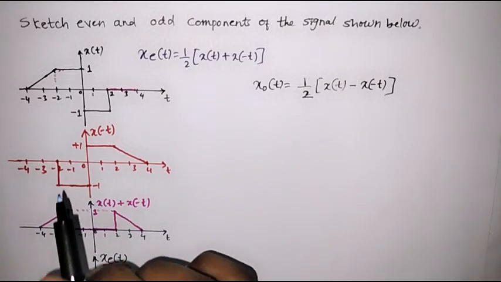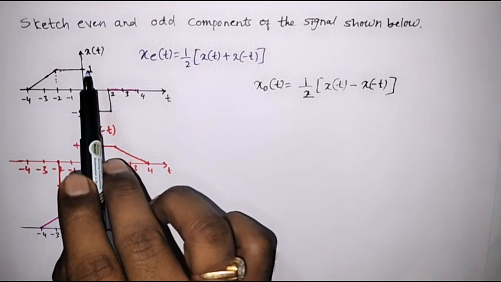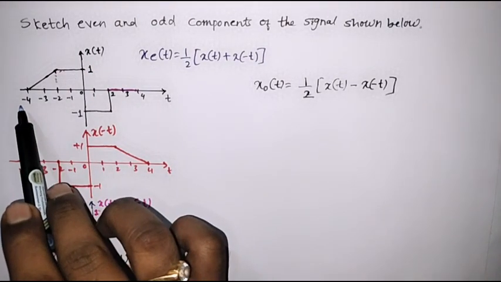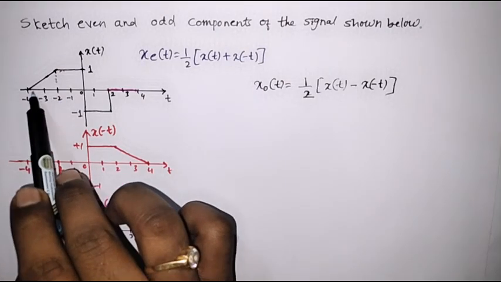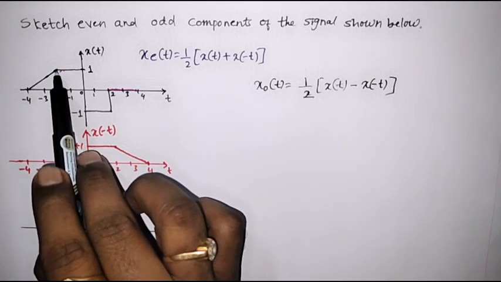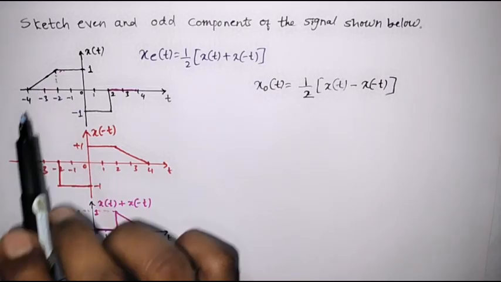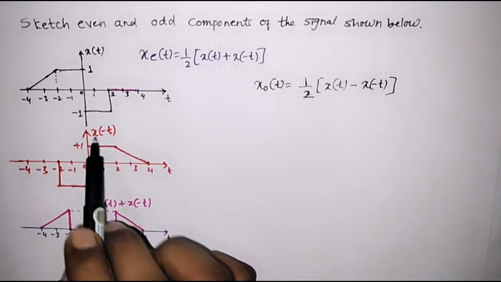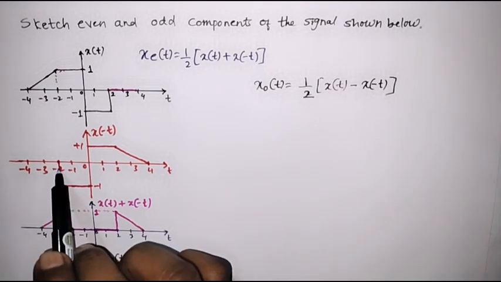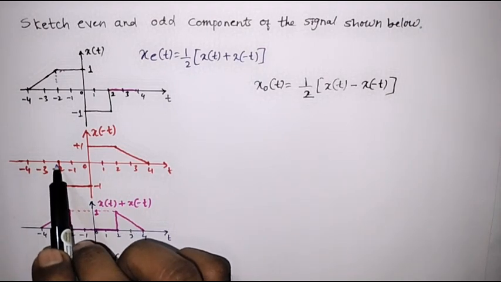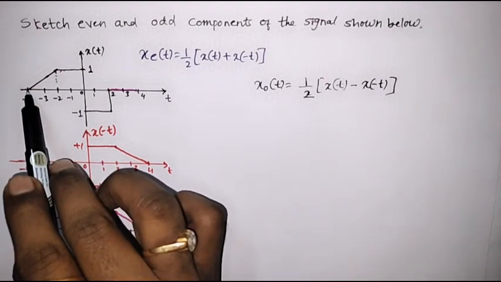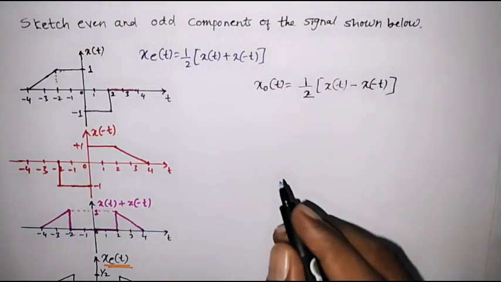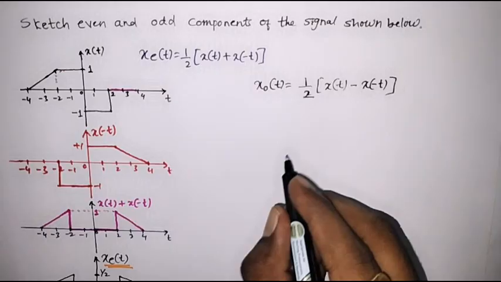Here we can observe that in x of t the value of the signal from -4 to -2 is a ramp signal as shown here, and in the x of minus t signal from -4 to -2 its value is 0. So when we subtract this 0 from this ramp we'll get the same ramp signal. The same wave will appear here.